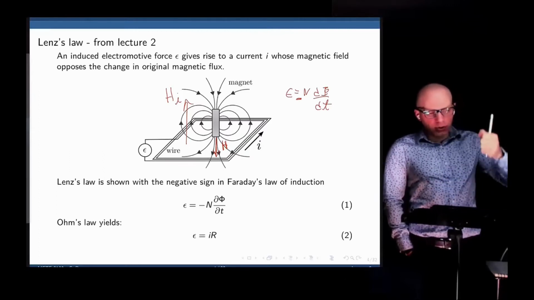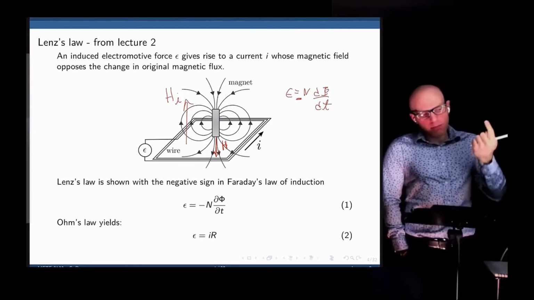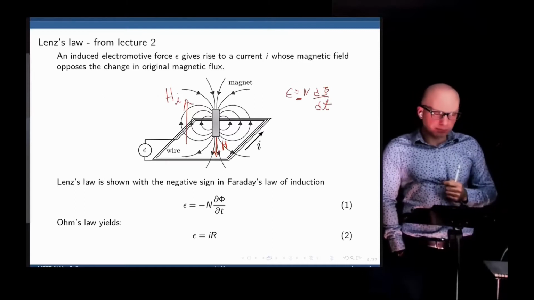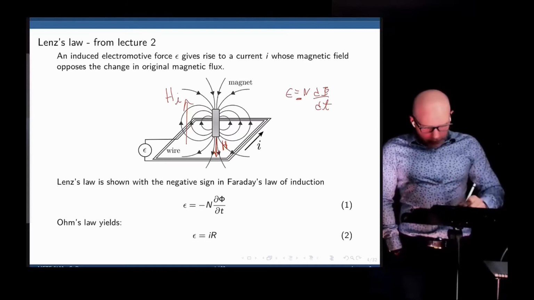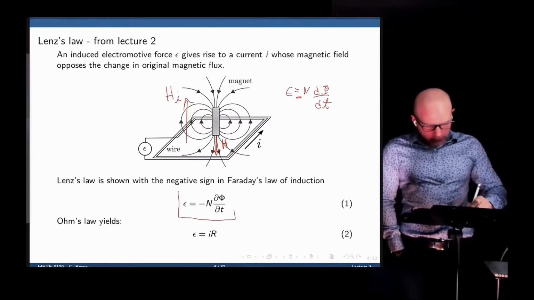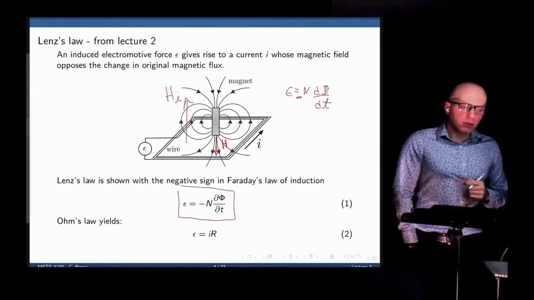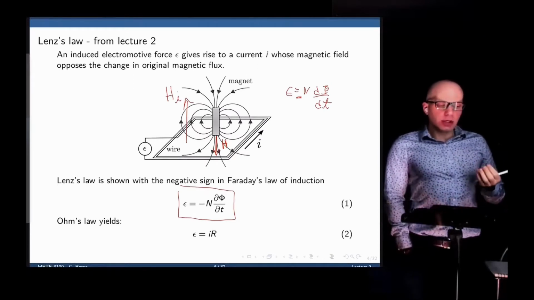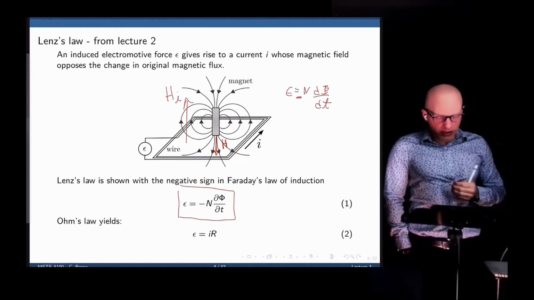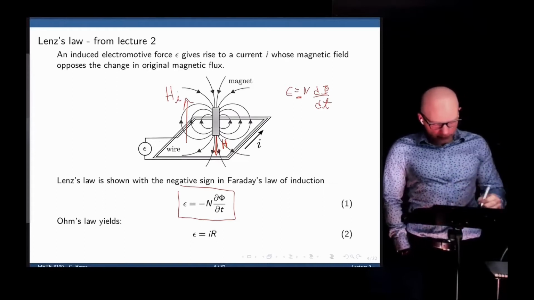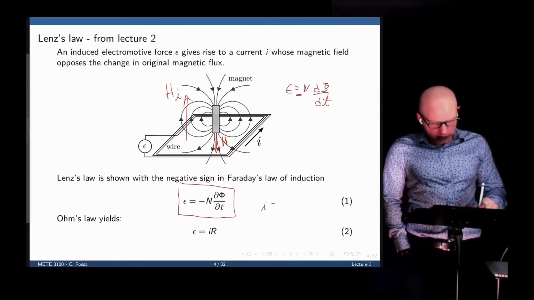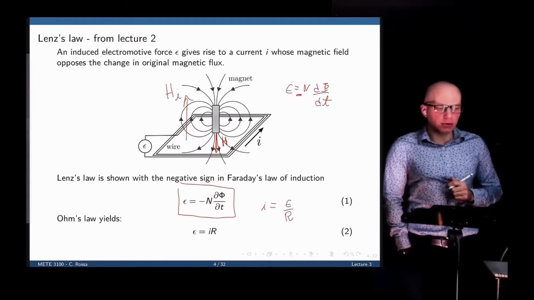So the magnet will experience a force moving it against its velocity. So here we have Lenz's law and Faraday's law. The amount of current generated in this loop is very simple. We take the induced EMF and divide that by the resistance of that wire. And that is the magnitude of the current.